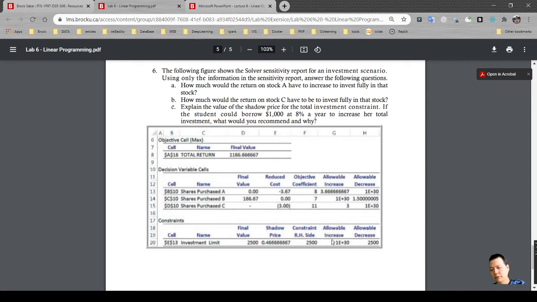So it's a very big number, which means the more money, the better. And here you can borrow 1,000, which means you get 1,000 times this number, 467 here, and you need to pay interest of 8%, which is lower than this.